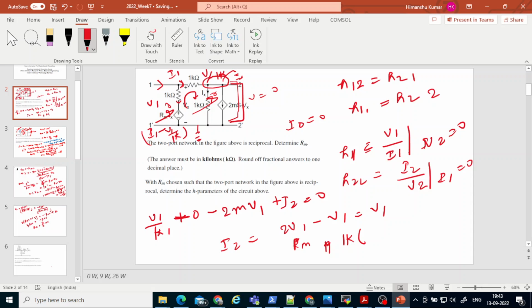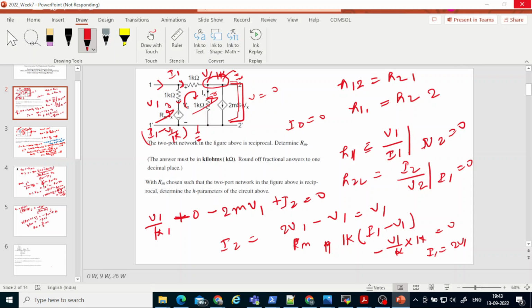If the current in this branch is I dash, then 1k times I1 minus V1, minus the drop in this. The current in this is V1 by 1k, multiplied by 1k, equals 0. So now I1 will be equal to 2 times V1.